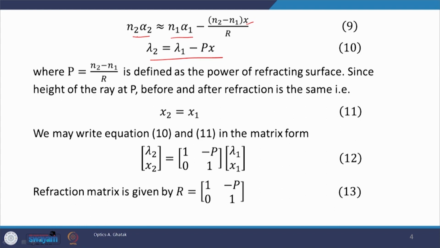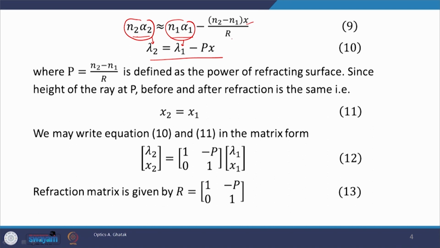Therefore, we can replace n2 alpha 2 by lambda 2 and n1 alpha 1 by lambda 1, where lambda 1 and lambda 2 are the direction cosines at the point P. They respectively represent the direction cosine of the ray right before refraction and right after refraction.